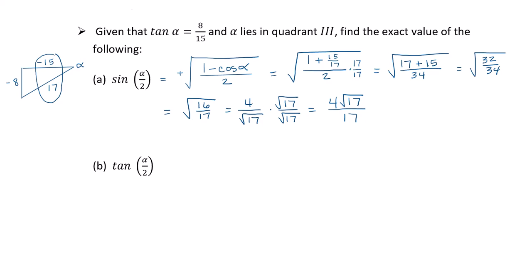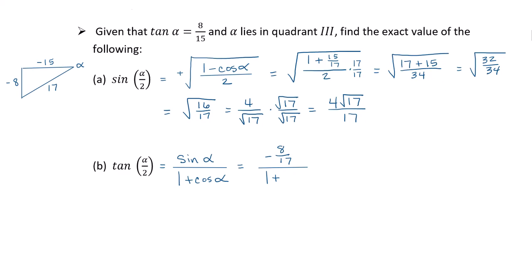Now, given the same information, let's find the tangent of alpha over 2. I'm going to use this version of the formula, sine of alpha over 1 plus cosine alpha. So sine of alpha is going to be opposite over hypotenuse. That's a negative 8/17 divided by 1 plus the cosine of alpha, which is adjacent over hypotenuse.